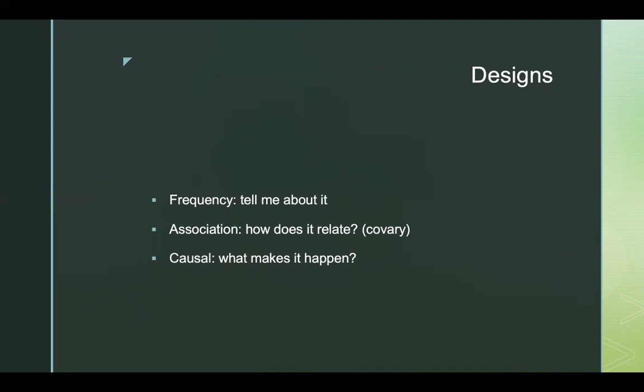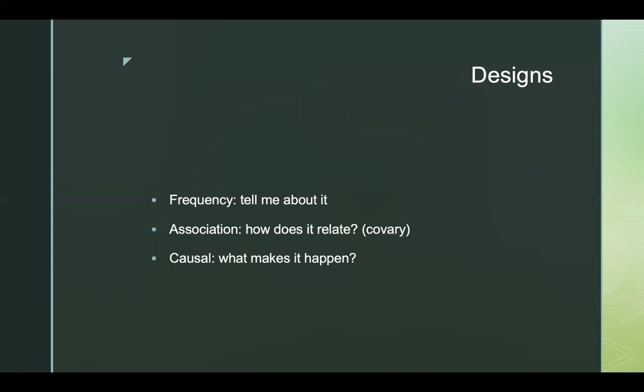Tell me about the thing, that's frequency. How much does it happen? What does it look like? Association would be, tell me about the thing in relation to another thing. In a frequency design, there's really only one thing you're looking at. In an association study, you're looking at two variables or more than two variables. How do they relate to each other?